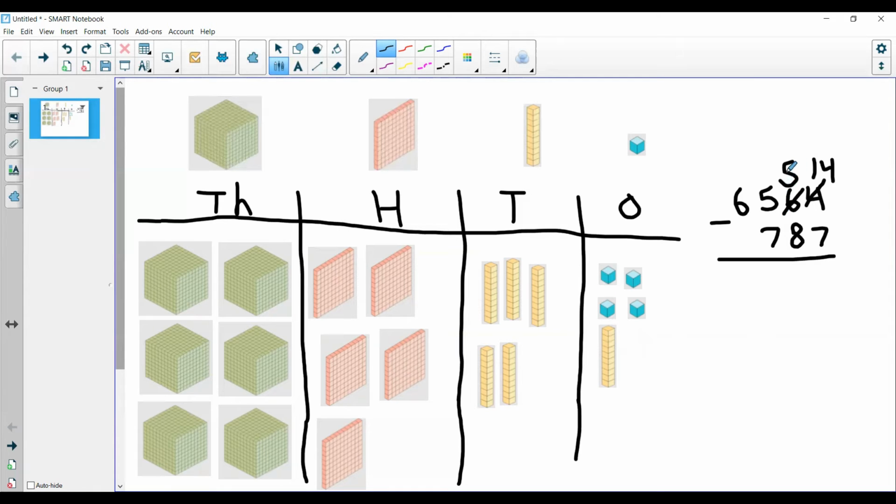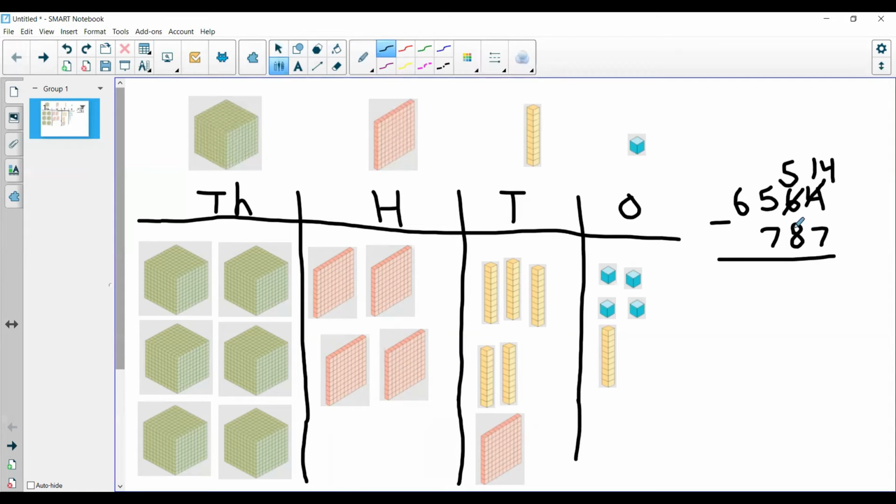So if I go to my tens place value, I have 5 subtract 8. If I have 5, I can't take 8 away because 5 is less than 8. So I need to go to my neighbor, the hundreds. I take 100 and I regroup that over to the tens place because 100 is made up of 1, 2, 3, 4, 5, 6, 7, 8, 9, 10 tens.